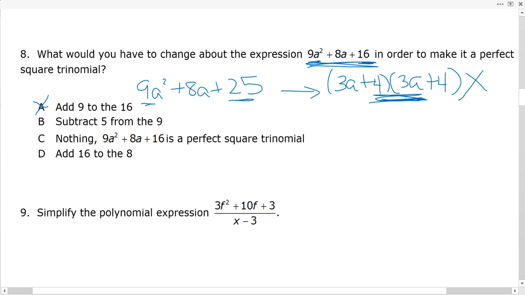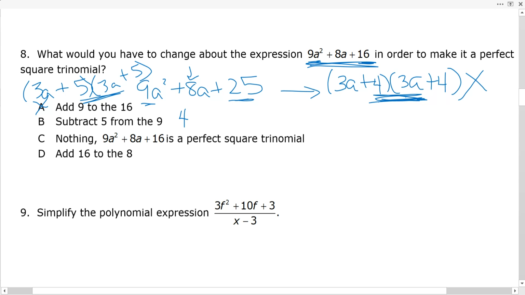So that one's not going to work out. And I could do, I guess I have room over here, 3a plus 5. 5 times 3 is 15, double it is 30, not anywhere close to my 8, so that's not going to do. Okay, so let's subtract 5 from the 9.